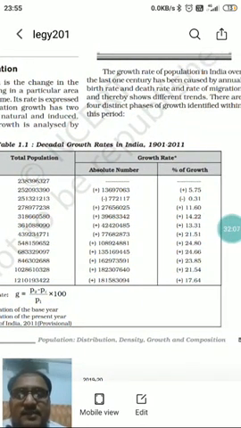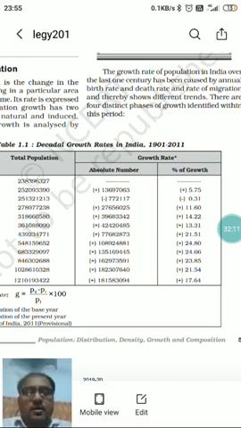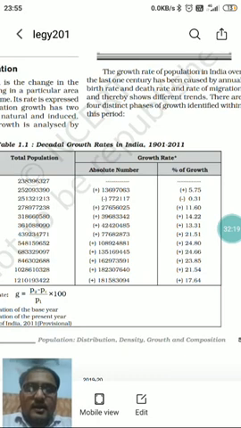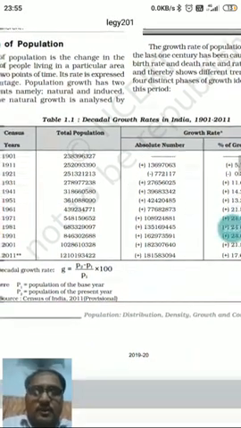So this is minus 7724. This is the only negative change in population in terms of absolute number. We will look into the detail in the next class.